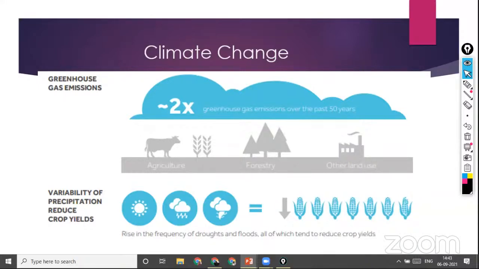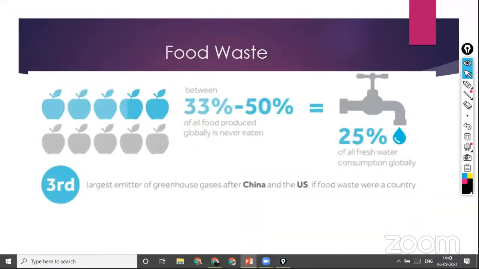Considering the growth of population, another real challenge is food waste. You might not know that 33 to 50 percent of all the food produced globally is never eaten. That's a staggering figure.